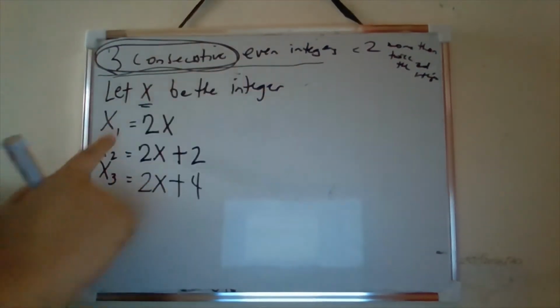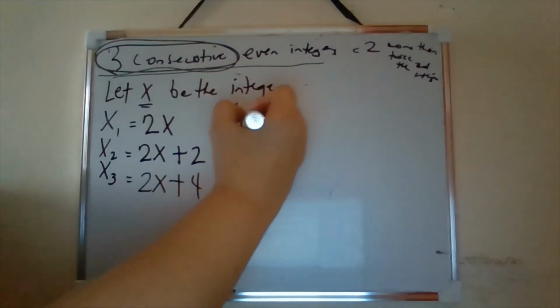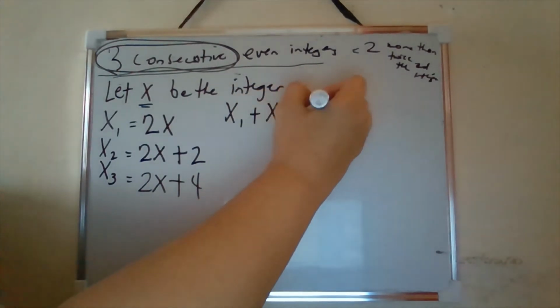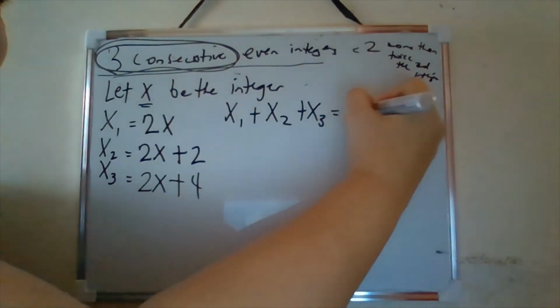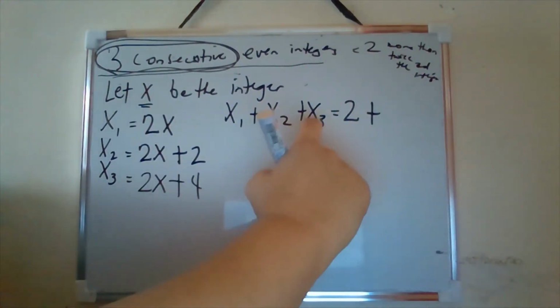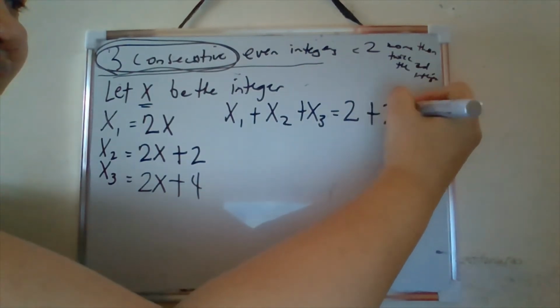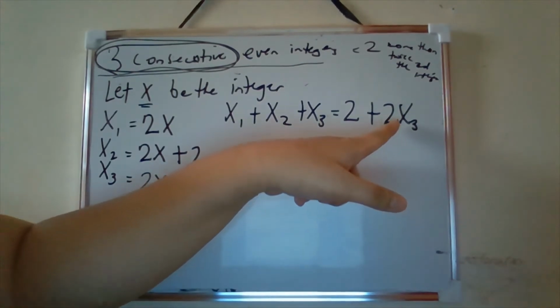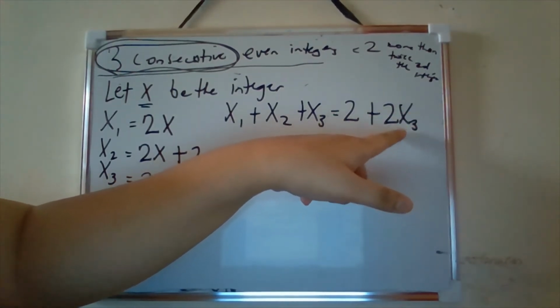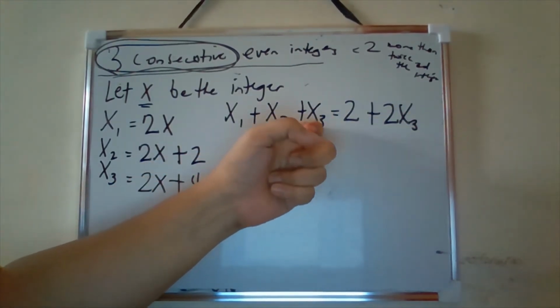So, x sub 1 plus x sub 2 plus x sub 3 equals, so pag in-add mo tong tatlong to, equivalent siya ng 2 plus, okay, twice x sub 3. So, imumultiply natin si 2 doon sa third integer.